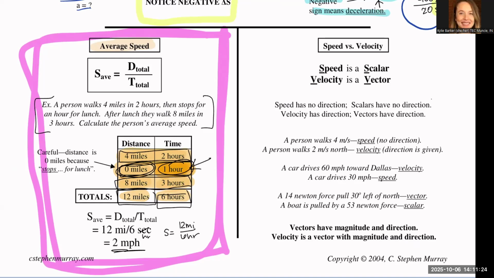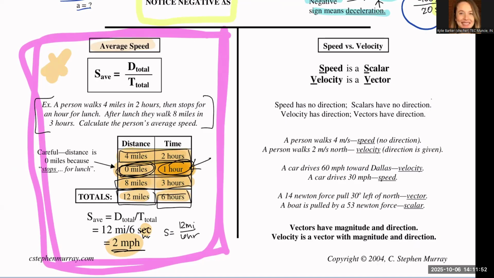And then you're doing the same thing that we've done for speed, where we're doing the total distance divided by the total time. So 12 miles per 6 hours. Oh, it looks like there was a typo right here. It says seconds, it's supposed to say hours, in order to give us an average speed of 2 miles per hour. So you'll be using one like this on the back, where you'll just be doing speed instead of acceleration.